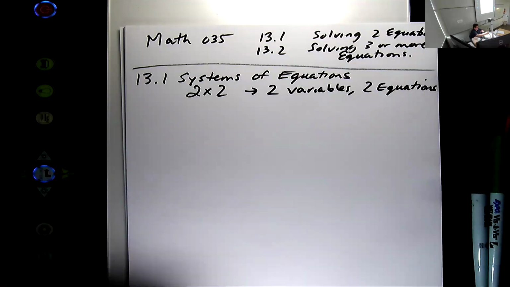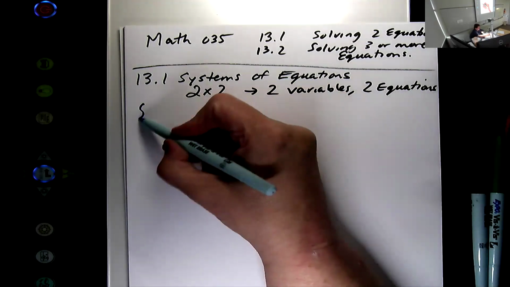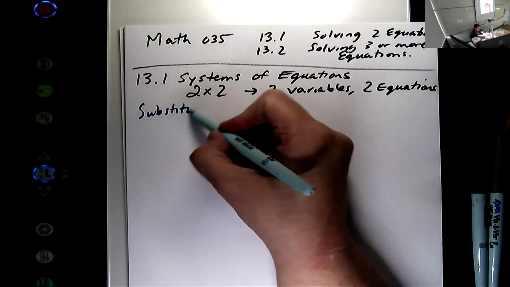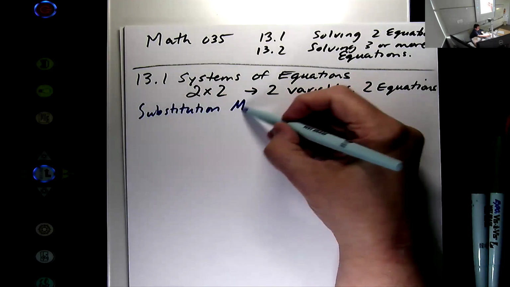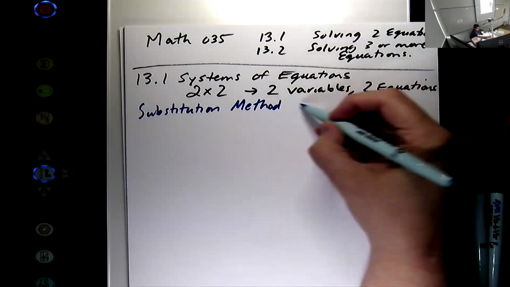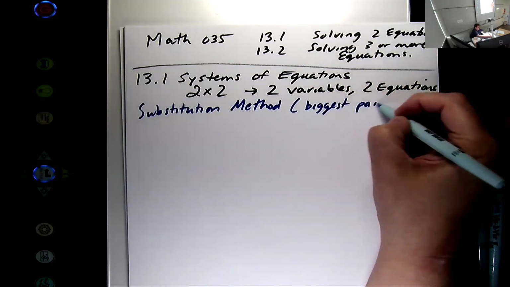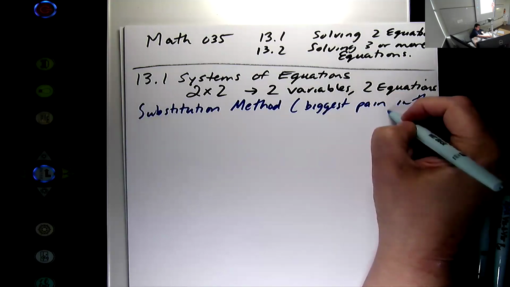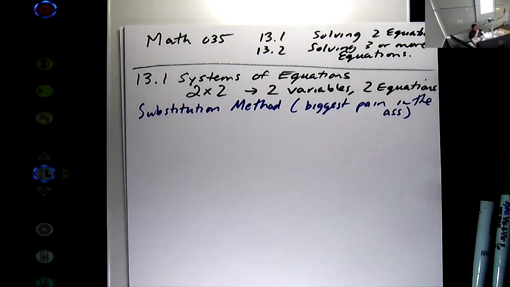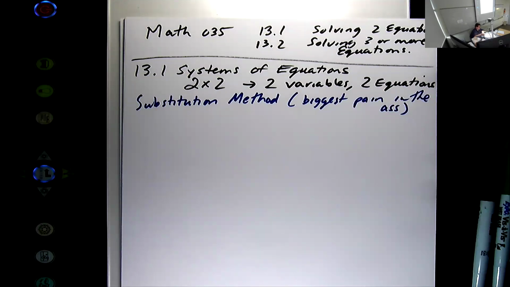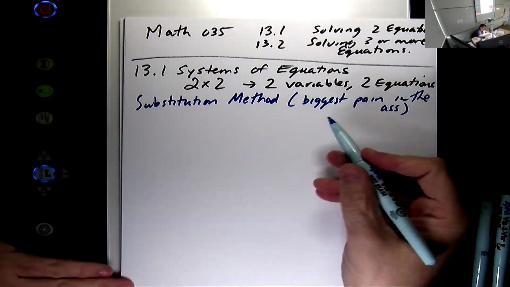There are two methods. Substitution method, which I will do last, which is the least effective. It's the biggest pain. Like my class. Right? Well, so we'll do that last.